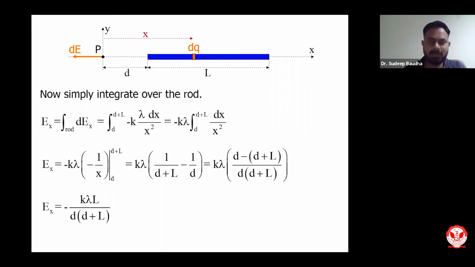So you have seen two derivations. If you want to further look into the integral part and various small concepts, please refer to some standard book. But these are the very crucial steps I have shown one by one, and we are able to find out the electric field with respect to this.